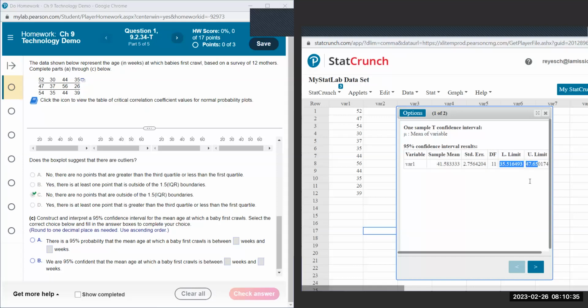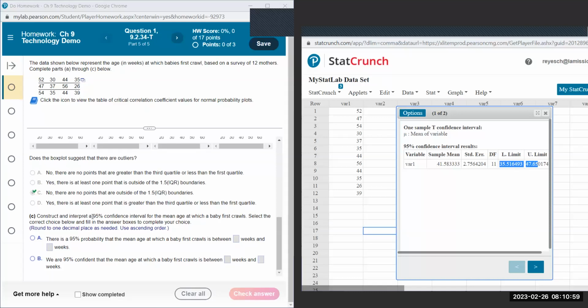Maybe it's not 41.5 weeks for all babies, but we're 95% confident that it's somewhere between 35 and 47.6, whatever. So we know the truth for the entire population is in here. Can we guarantee it 100%? No, but we're pretty confident. Okay, so that's to one decimal place.